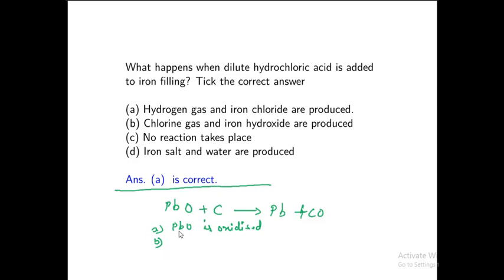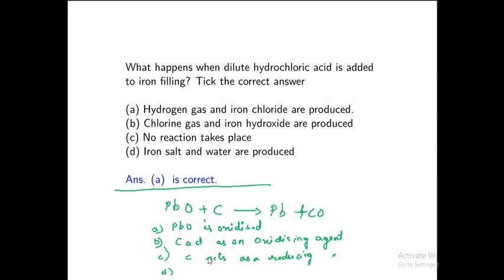Second option, C acts as an oxidizing agent. Third option, C acts as a reducing agent. And option D, reaction does not represent.